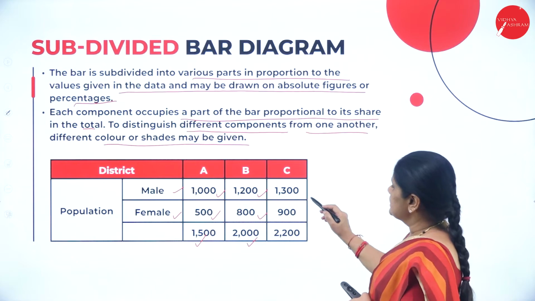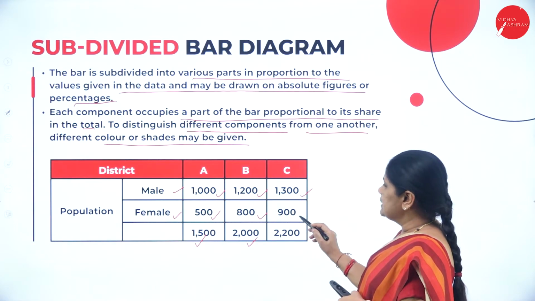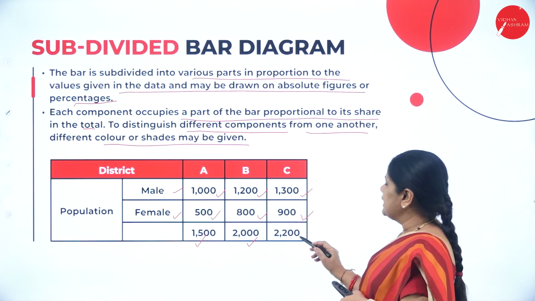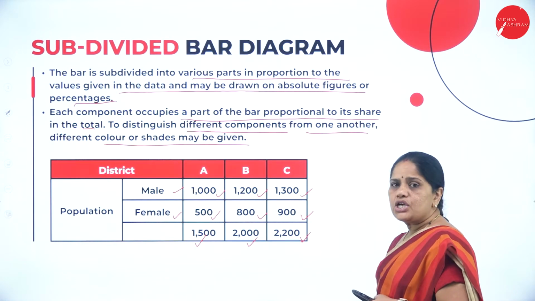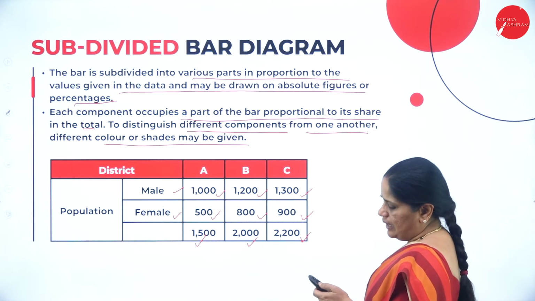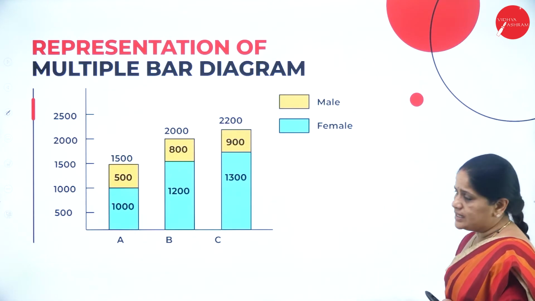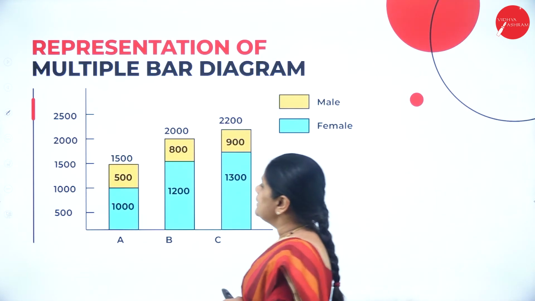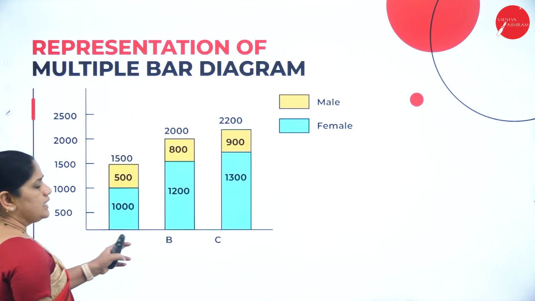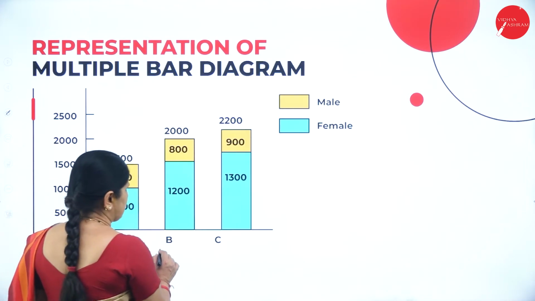Now, in district C, the male is 1,300. Female is 900, and the total is 2,200. Now, if you have a pictorial representation of this, we can see here that we have these districts on the x-axis.